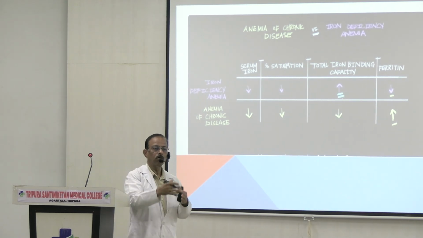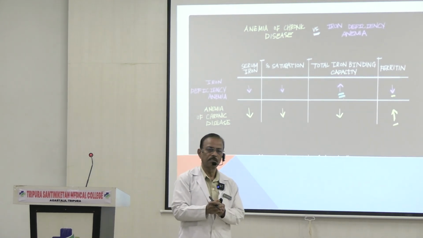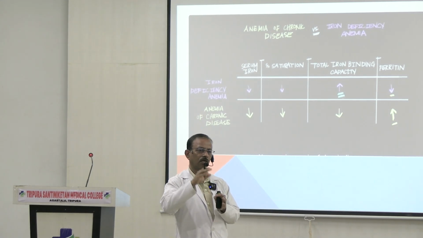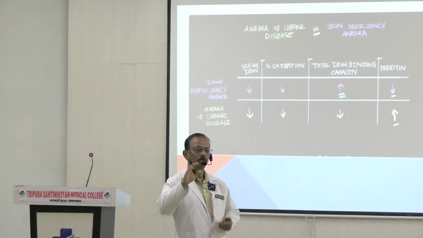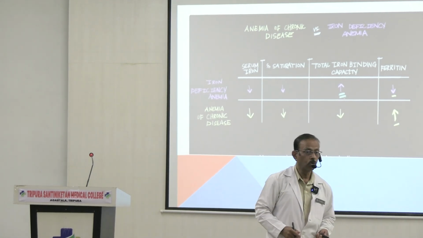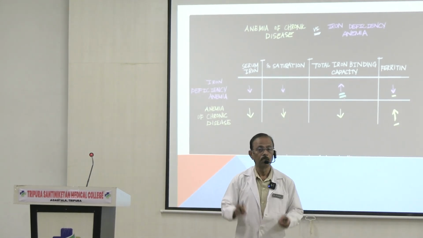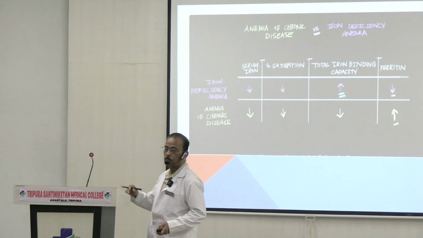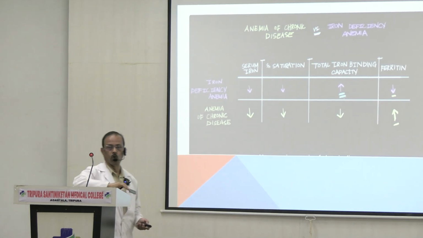So even though iron is less, it occupies all the binding sites of apotransferrin. That's why the binding capacity is low.